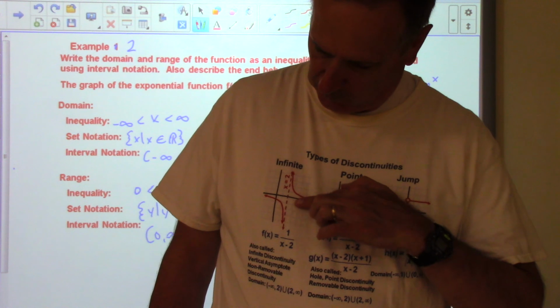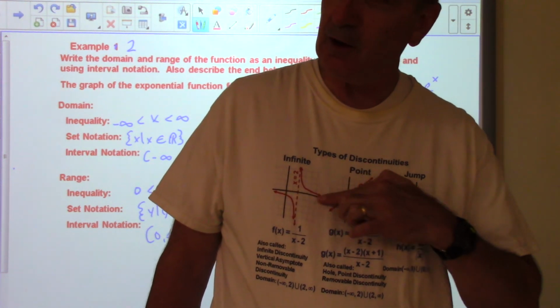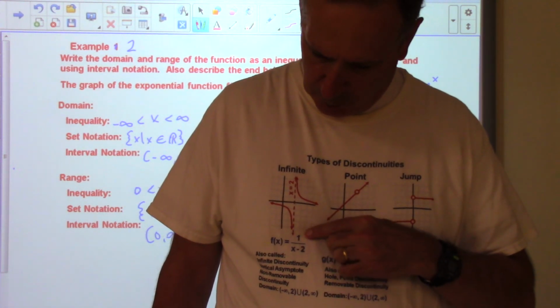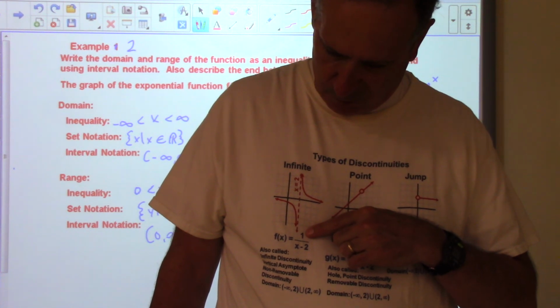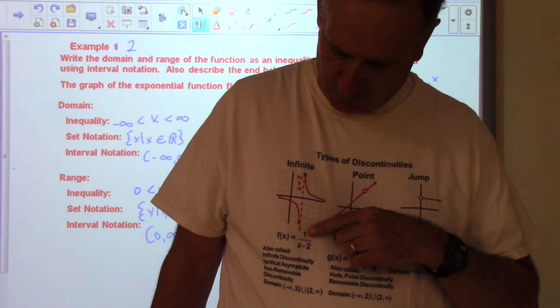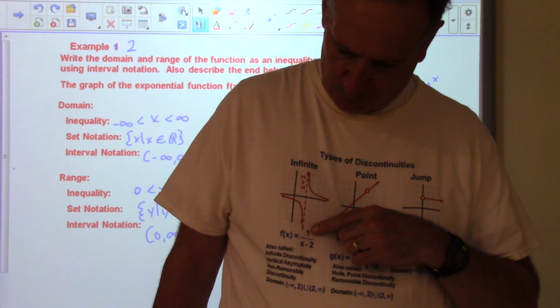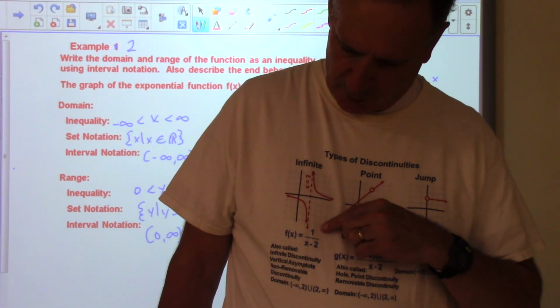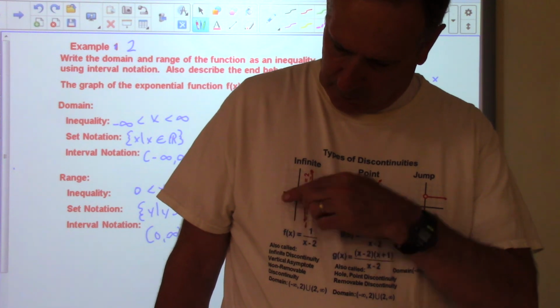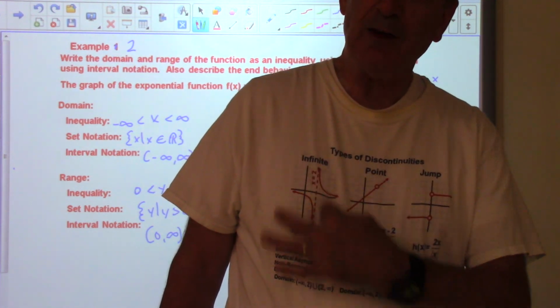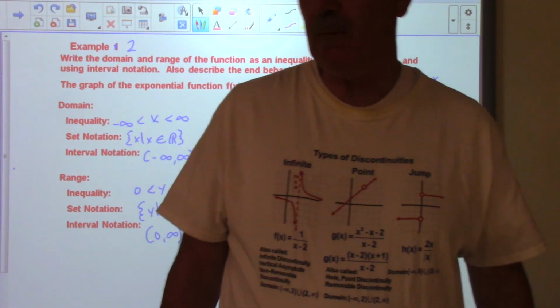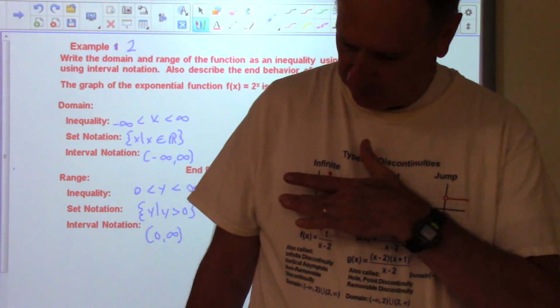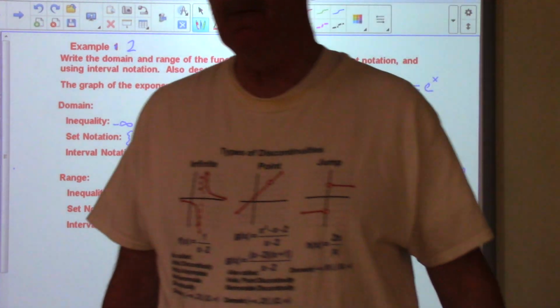Okay, so you've got a horizontal asymptote, looks like here y equals 0, or isn't it? Is it 1/2? I think it is 0 actually. And then the vertical asymptote at x equals 2. Yeah, this horizontal asymptote is y equals 0.